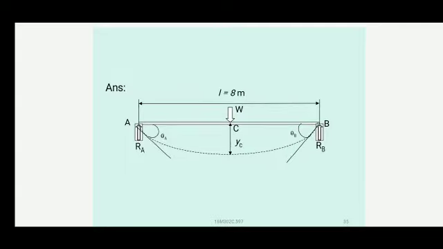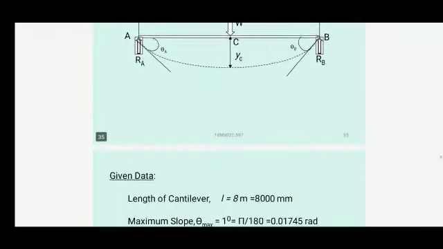According to the problem, a simply supported beam of length 8 meters, the point load will act at the middle of the span. At the end supports there will be reactions, RA at A and RB at B, and the maximum deflection at the middle is YC.